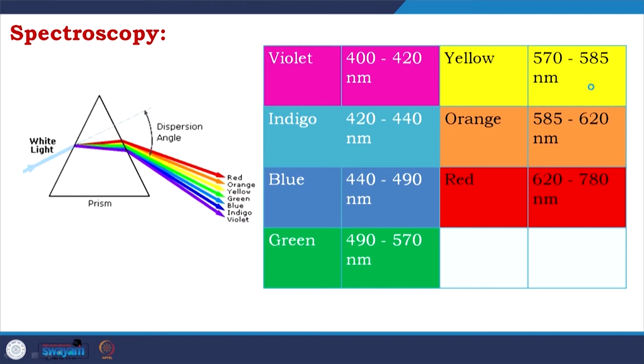White light is divided into 7 light rays: red, orange, yellow, green, blue, indigo, violet, where violet has the lowest nanometer range, 400 to 420, indigo 420 to 440, blue 440 to 490, green 490 to 570, yellow is in the middle, 570 to 585, orange 585 to 620, and red is at the top, 620 to 780.